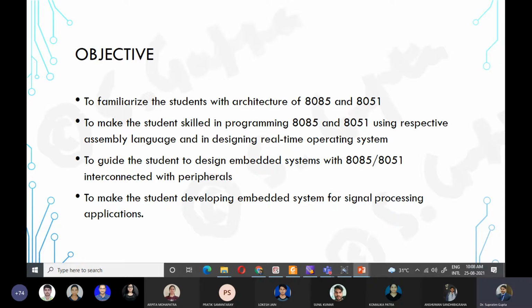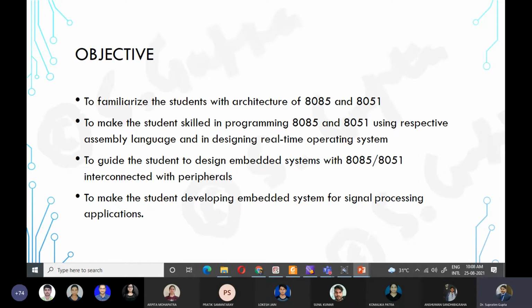While we are measuring, there are chances of getting noise into it, so we need to filter out that noise, and that can be done digitally within the processor. So we should be able to develop that also. This is a tentative objective we have planned.